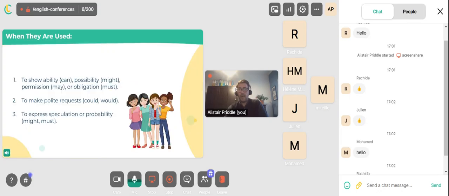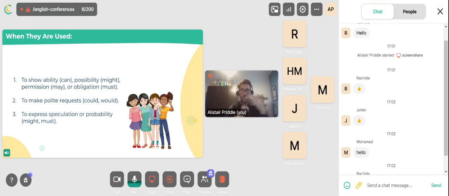So let's think about when they are used. So number 1, to show ability, can, possibility, might, permission, may, or obligation, must.